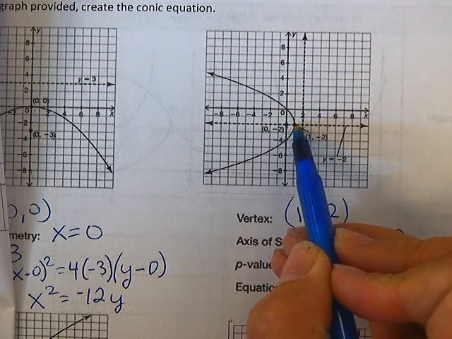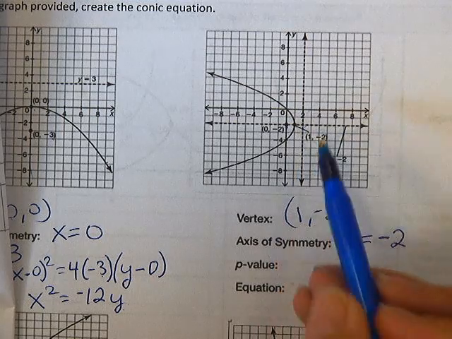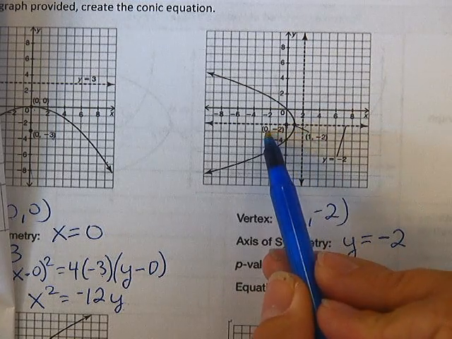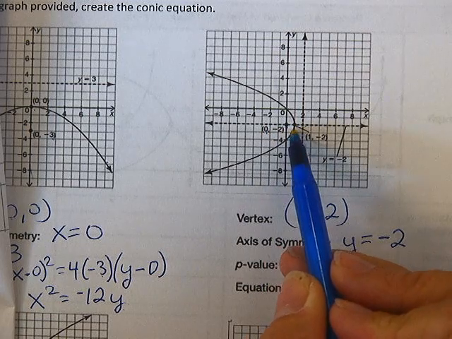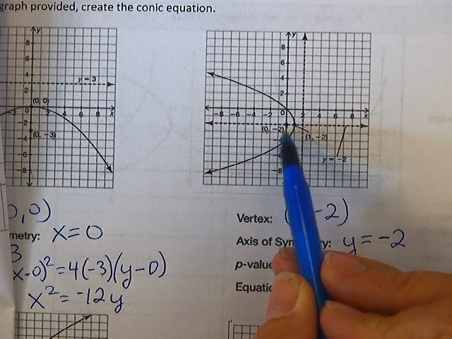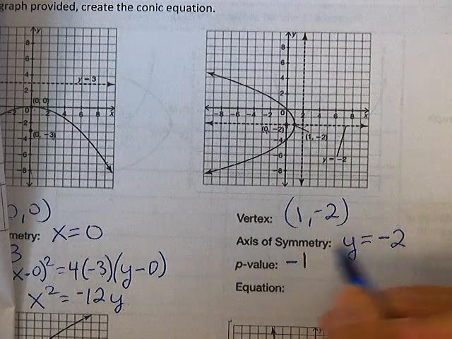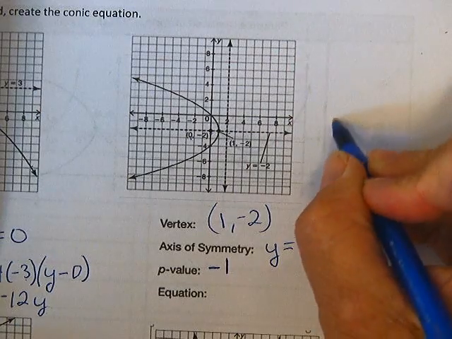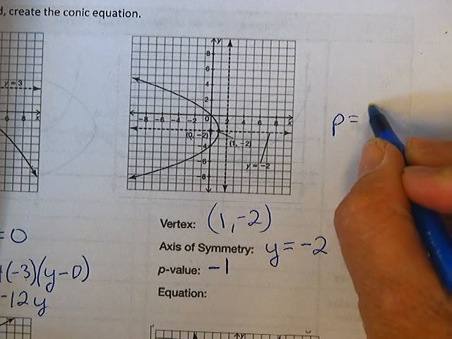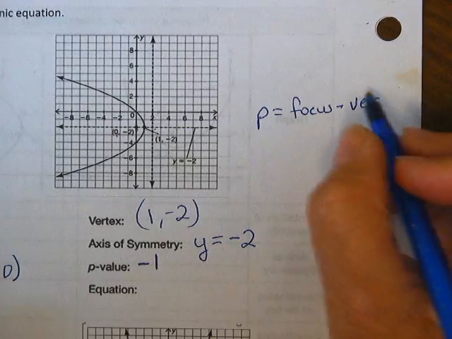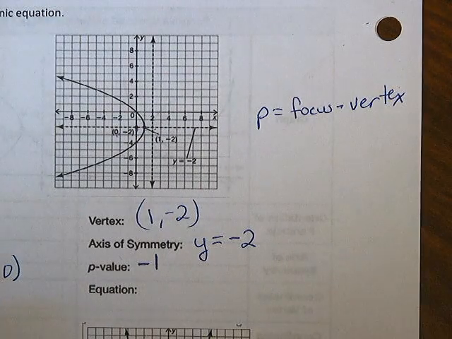It looks like there's only a distance of 1 between these two, but again we find that value by looking at our focus, which is 0, minus the value of the vertex. So 0 minus 1 is negative 1. Again, maybe let's make a little note that p equals the focus minus the vertex so that we get the correct sign.